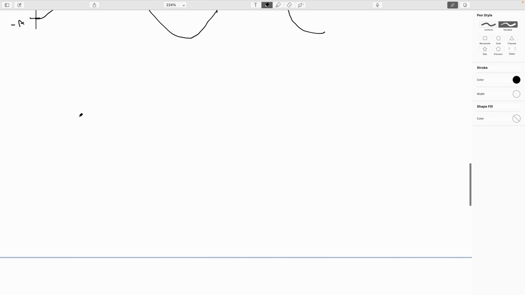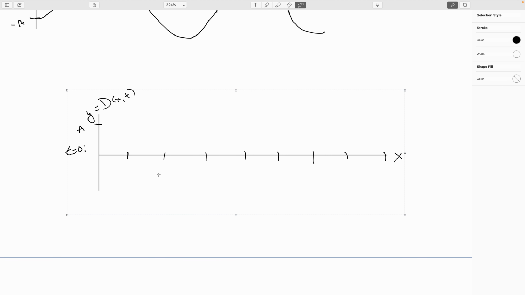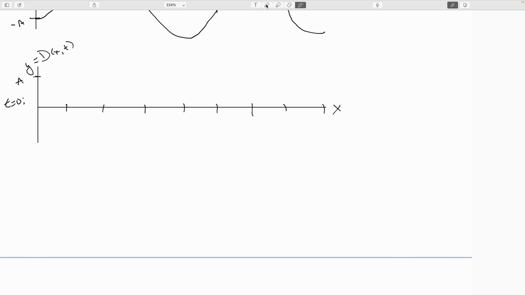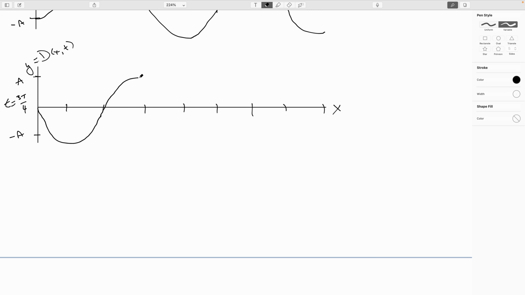All right, let's keep the process up. So if we do another quarter of a period, so now we're at 3T over 4. It's just going to look like this, just continuing to shift over. Okay.